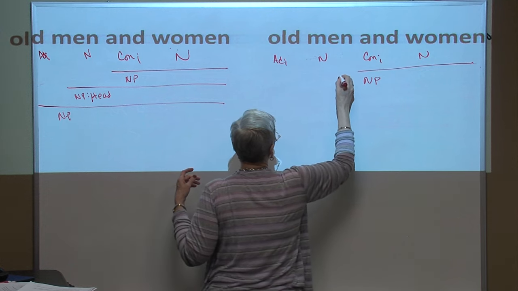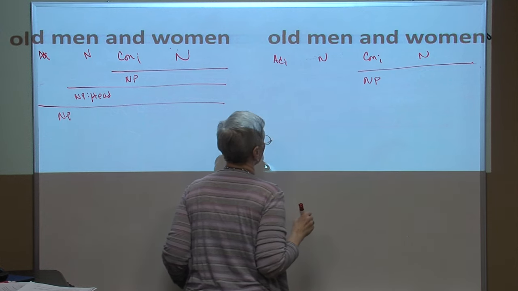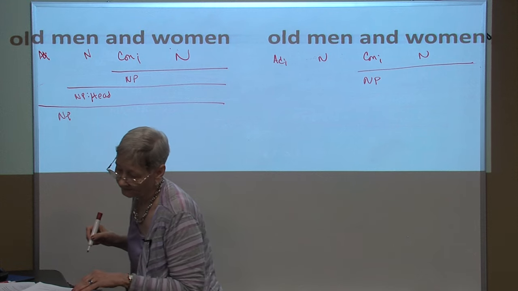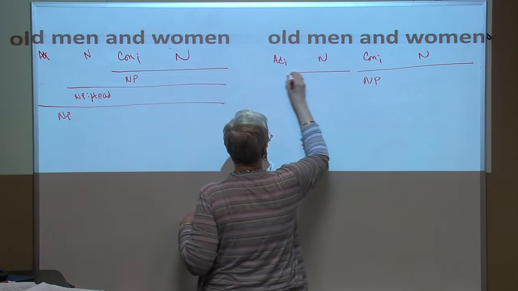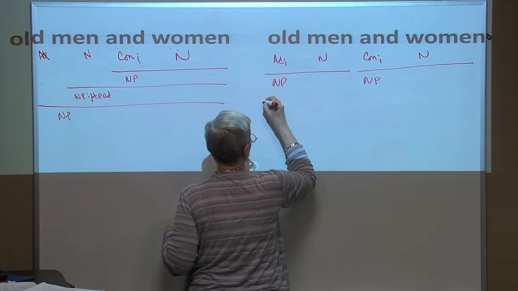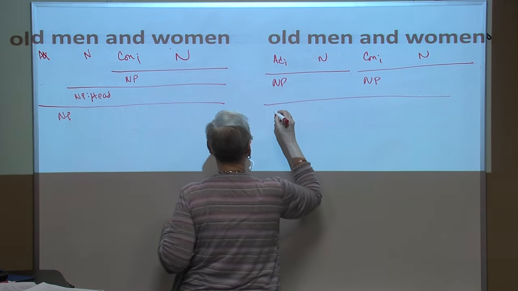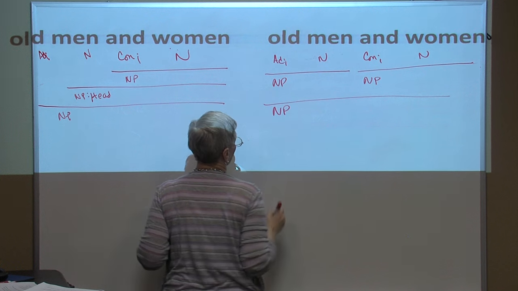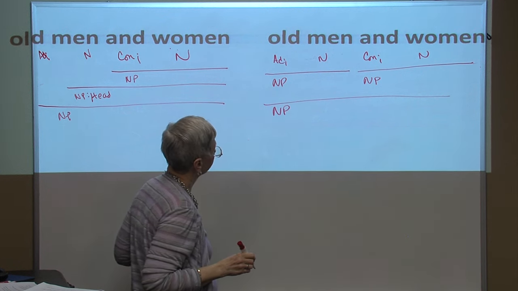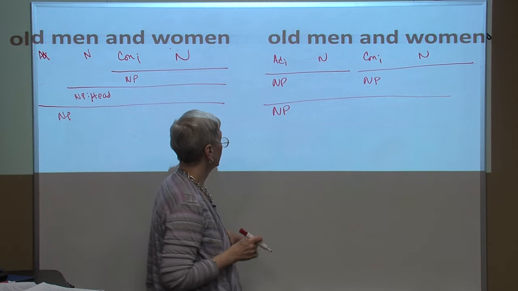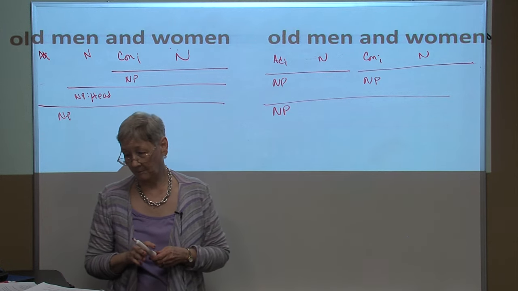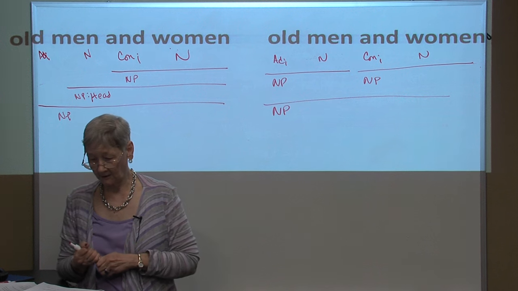And let's see, how did I do that? And old men is a noun phrase, and then they combine into a noun phrase. I think that's the way that goes. Anyway, you can see the ambiguous scope of the adjective old.